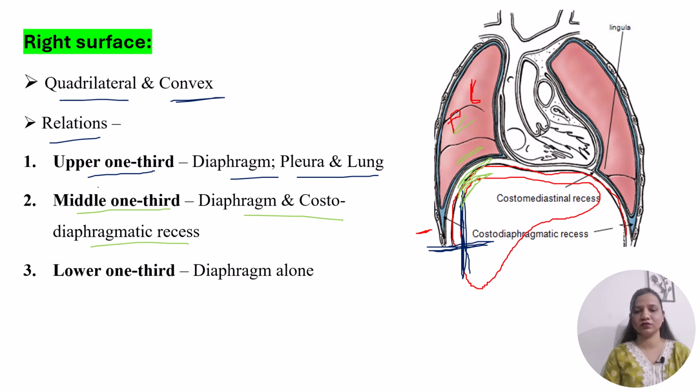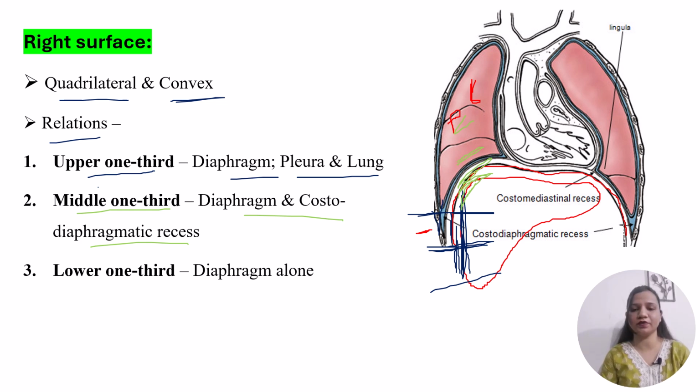So the middle one third is related with the diaphragm and costodiaphragmatic recess, and the lower one third is related only with the diaphragm. Okay. So there are three important relations.